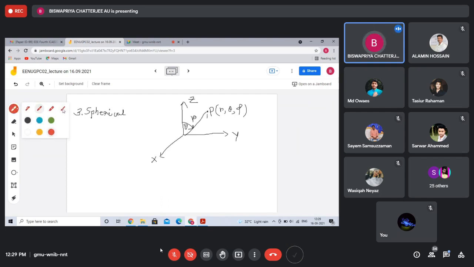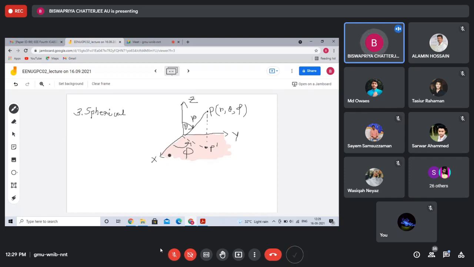You first take the projected point on the xy plane. Let us say this is P dash, and you draw the line, so this angle is phi.